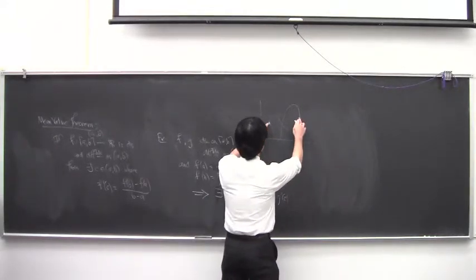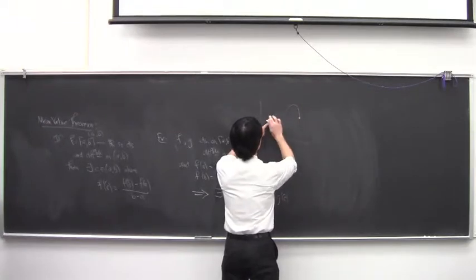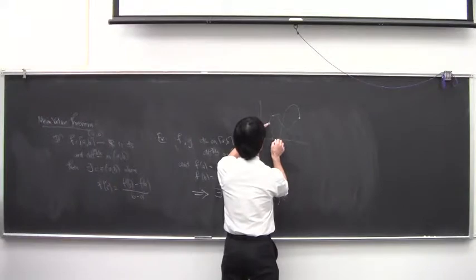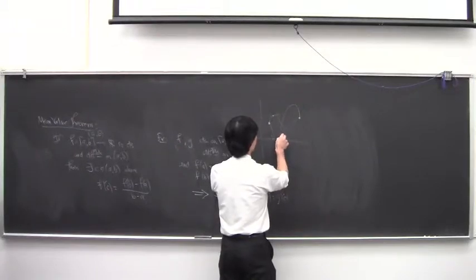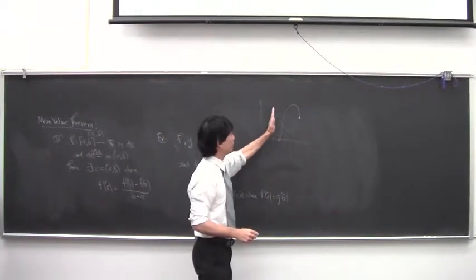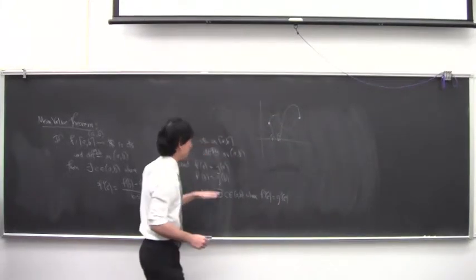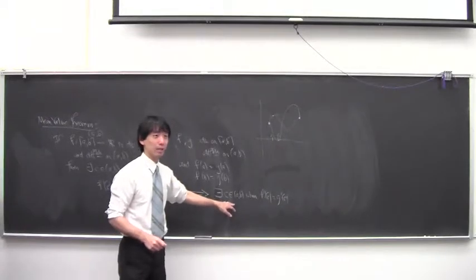Each of them has a point with the slope of the secant line. But what we're saying is something a little fancier: there's some point where they have exactly the same slope.